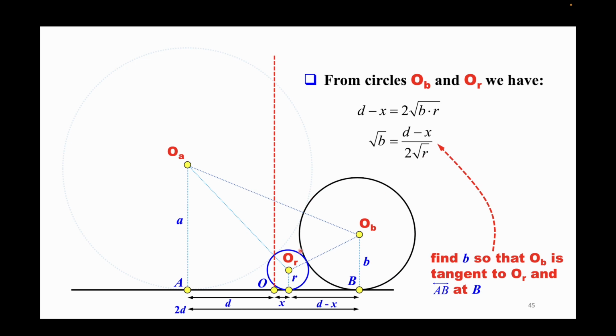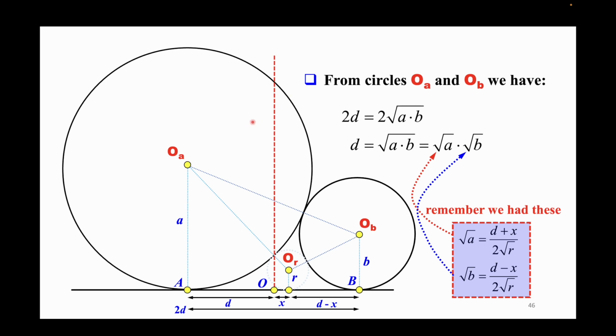Now, look at OB and OR. The distance between the tangent points is D minus X. This distance is equal to 2 times the square root of the product of B and R, which is here. Solving for B, we have this.